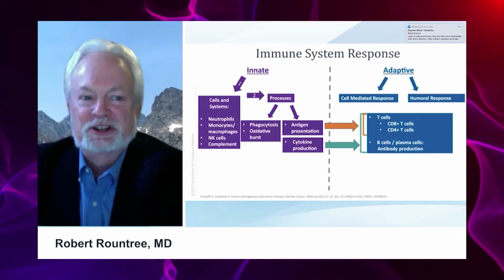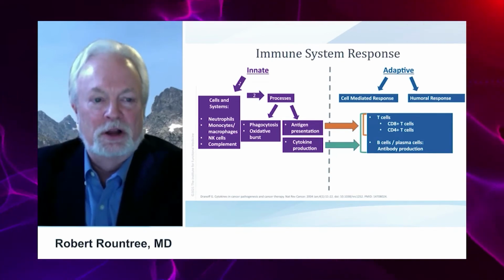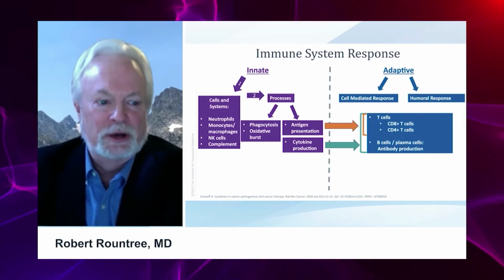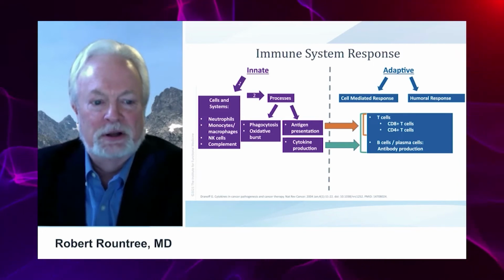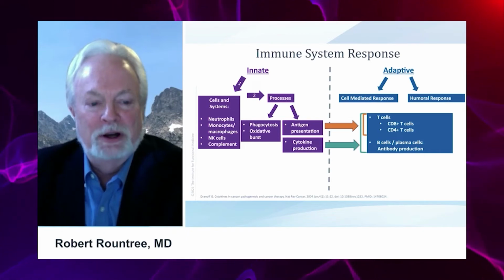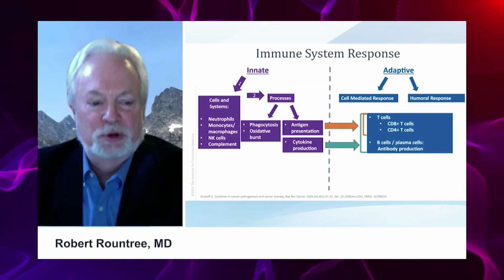So here's the big distinction between the innate and adaptive immune systems. On the left, we see the innate immune cells, which involve neutrophils, monocytes, or macrophages, natural killer cells, and complement. And they are primarily working through phagocytosis or oxidative bursts.